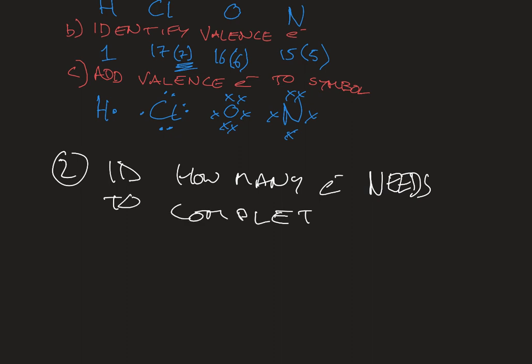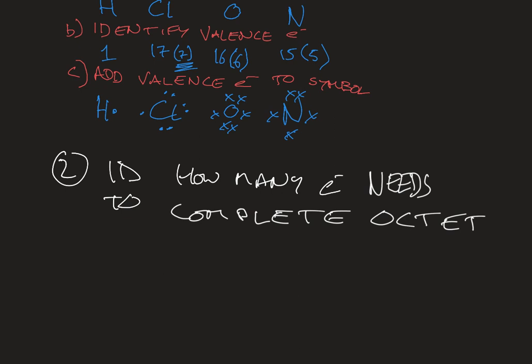So the octet rule, hopefully we know, means that we are aiming to get 8 electrons in the outer shell, in the valence shell. Not all elements will always follow this, however, we can take it as a rule of thumb and use this as our starting point.